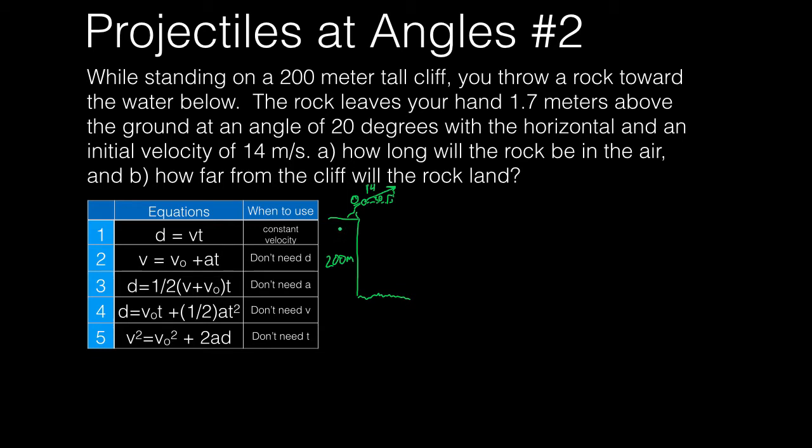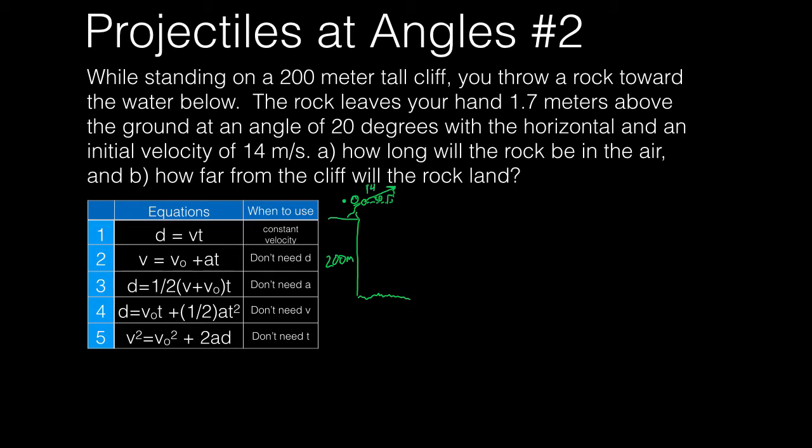So it's kind of the same process starting the problem, except the biggest change on this problem is that now we have a vertical displacement. Besides the 200-meter tall cliff, it said the rock left your hand 1.7 meters above the ground.